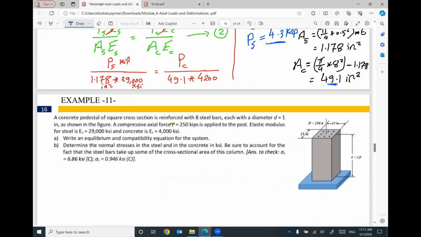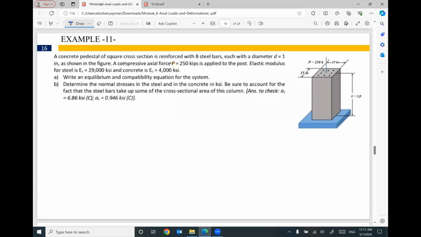We have one more example. For a composite column, we have a concrete square cross-section reinforced by 8 rebars, and the diameter of each rebar is 1 inch. So the area of steel equals pi divided by 4 times 1 squared.